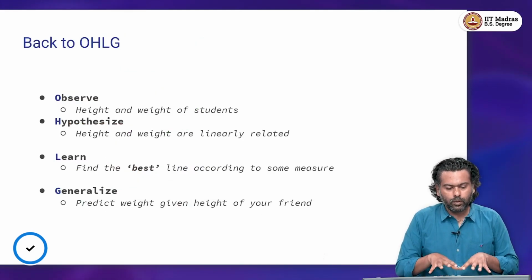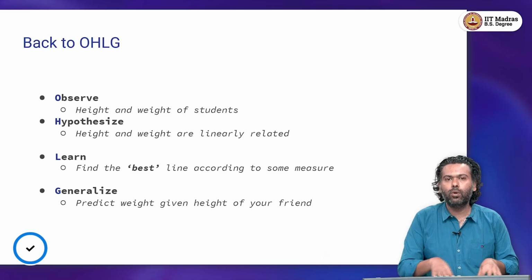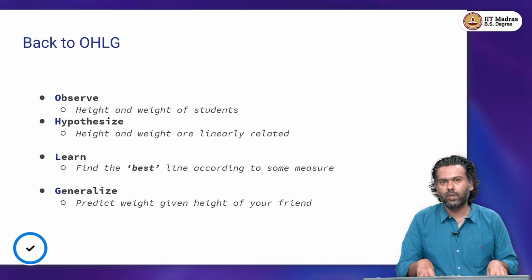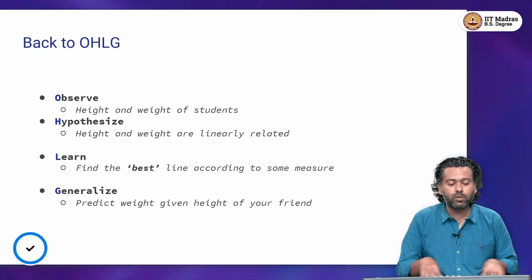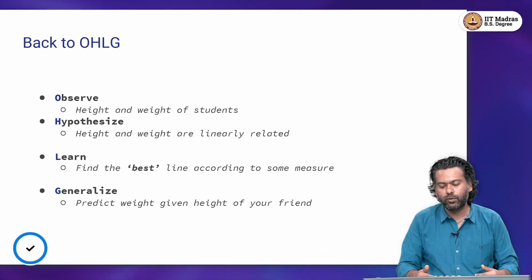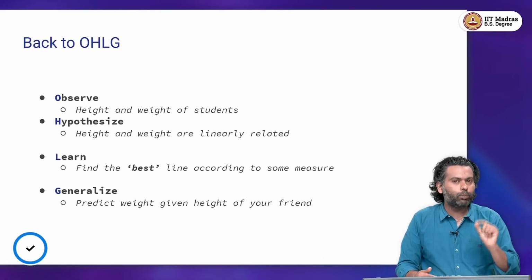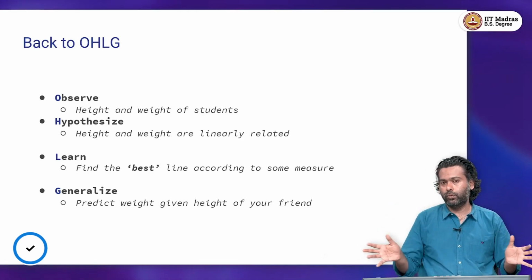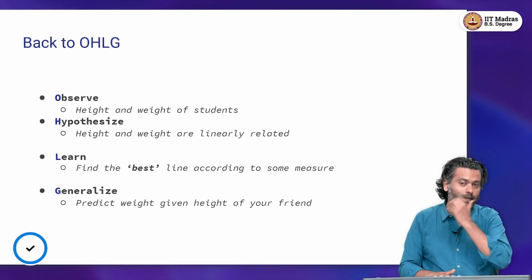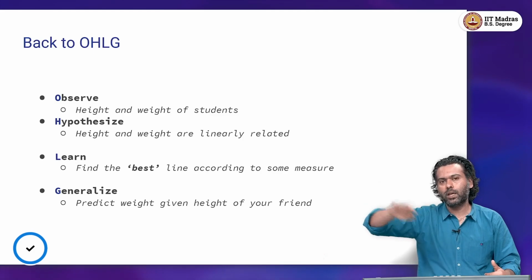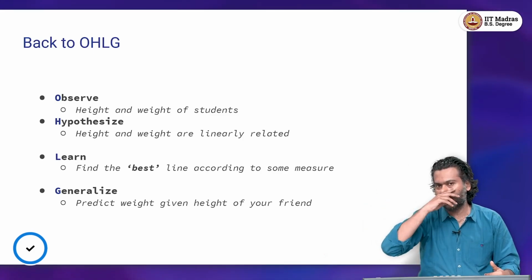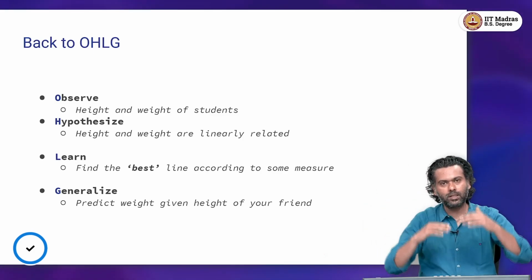So now, how does this fit in the broader scheme of things? Well, we observed the height and weight of a lot of students, which were the gray dots that you saw in the last slide, and then we hypothesized, we do not know if it is true, that there is a linear relationship between height and weight. That is, there is some line which I can use to predict the weight given the height, some line that connects the height and weight.